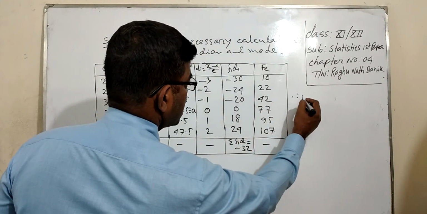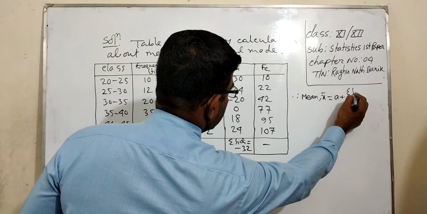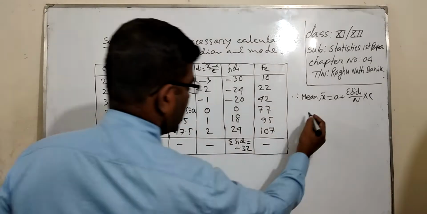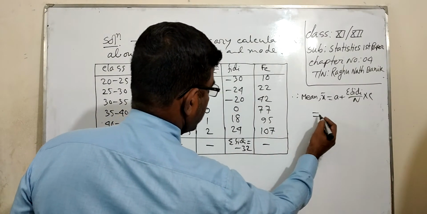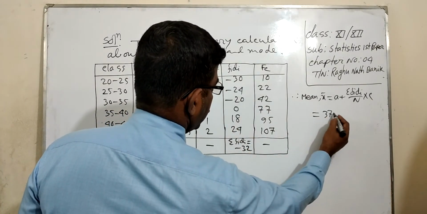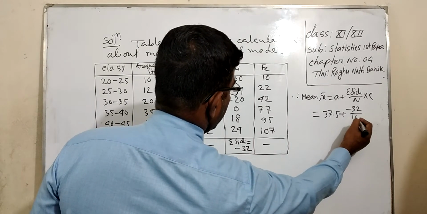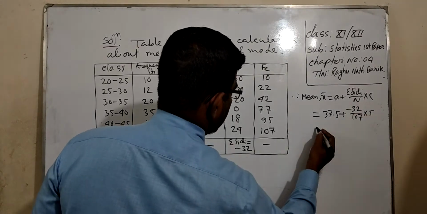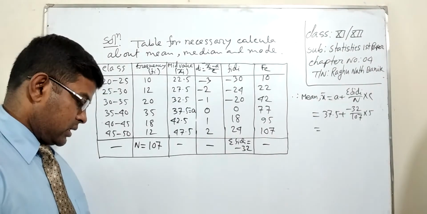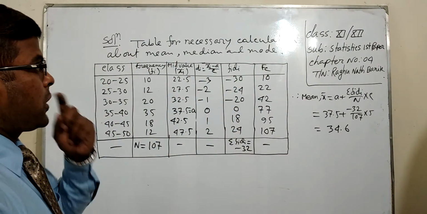Mean x bar equal to A plus summation Fi di by n into C. Putting the values, assumed mean 37.5 plus summation Fi di minus 32 by 107 into 5. The value of the mean is 34.6.